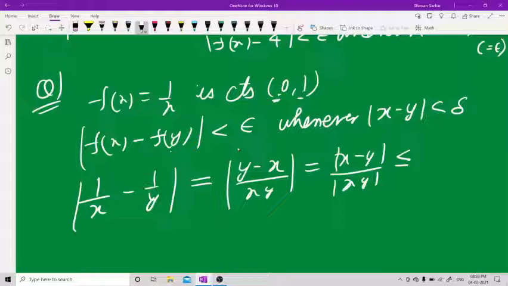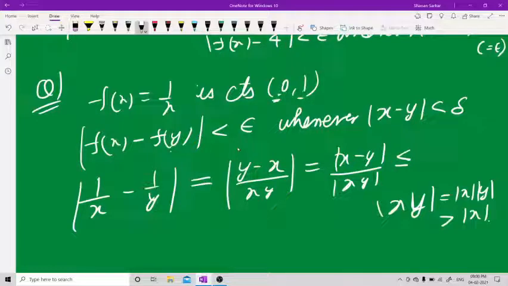see, you can use this concept: mod of xy is equal to mod x mod y, which is greater than mod x. No problem, you can write this concept. You have 2 and 3, 6: mod 2 mod 3, that is 6, is greater than mod 2, that is 2. 2 times 3 is 6 actually, this is equal to mod 2 mod 3, and this is greater than mod 2, isn't it?